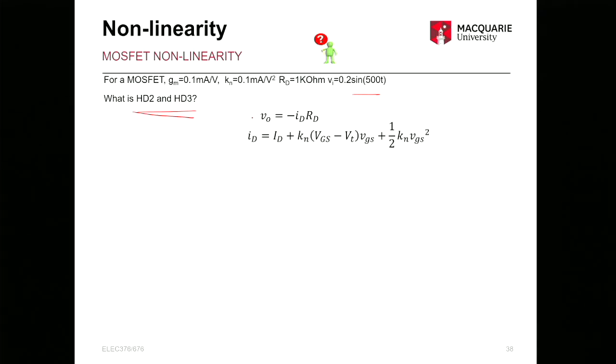So you know V naught is negative ID RD, and you have ID.